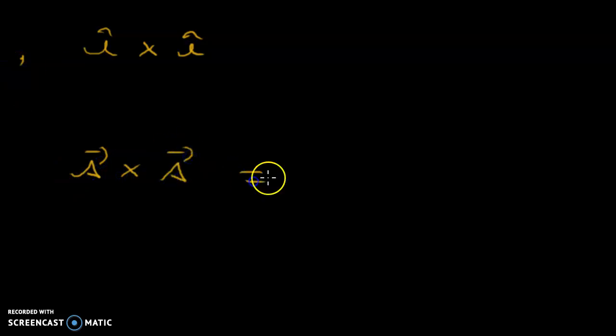Okay, so this is how vector products work, and there are ample examples of how we actually find the direction. But first of all, let's talk about the different unit vectors. Say for example, if I say i cap cross i cap, that is a vector crossed with itself, where i cap is the unit vector representing the x-axis, so in that case it would be A squared sine theta.